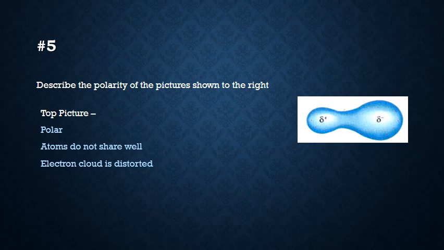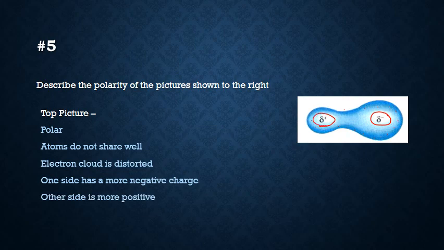It's not an even, smooth shape. And one side of this molecule has a partial negative charge, and the other side of the molecule has a partial positive charge. It ends up with two separate poles, and that's what's going to make it polar.